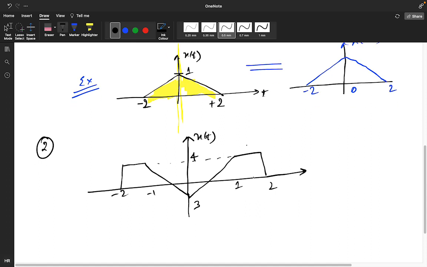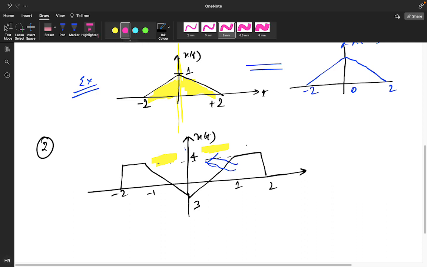So guys, if you fold this signal, the right hand side towards the left hand side, it will get aligned, and this is your y axis. So this part is the same as this part.